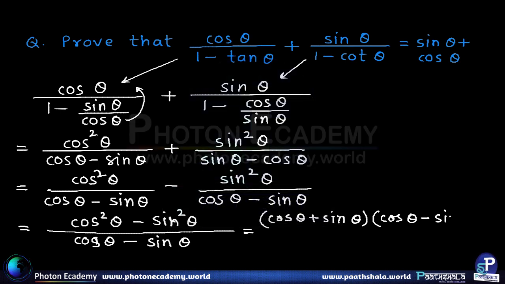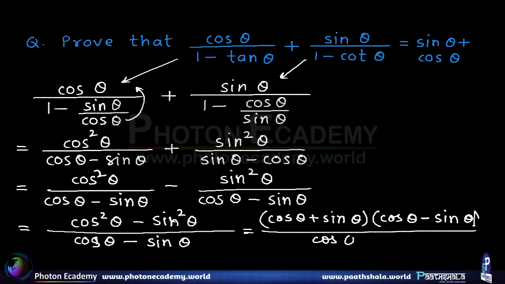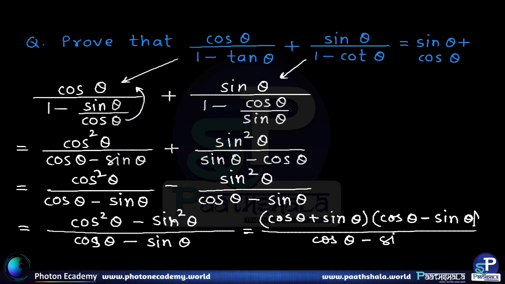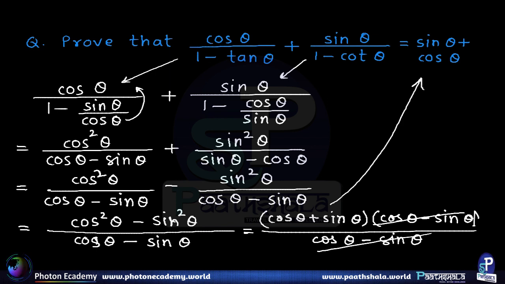So that means we can cancel out a factor of cos theta minus sin theta from the numerator as well as the denominator. On cancelling the factor of cos theta minus sin theta, what we are left with is nothing but the RHS. So that's the way we prove this particular statement.